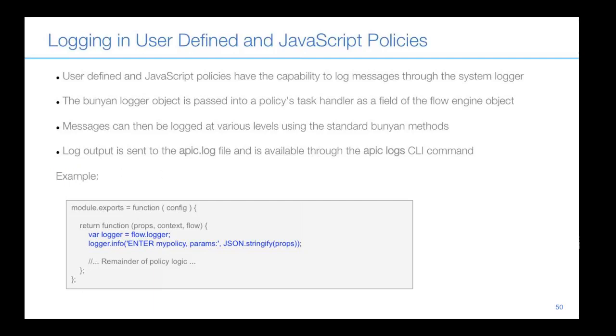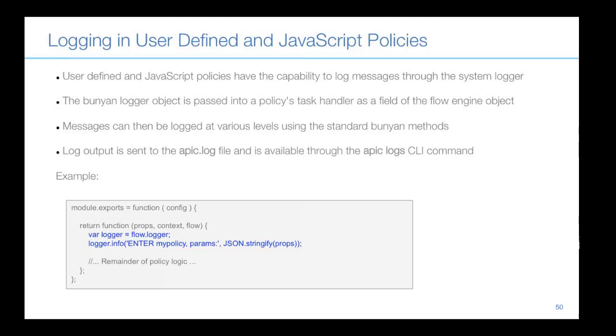And next slide. So logging in the user-defined and JavaScript policies, we kind of already went over this, but if you define your own policies, you can log to the system logger. The Bunyan logger object is basically passed in to the flow engine object. That's a parameter to the function. And you can use all the standard methods.